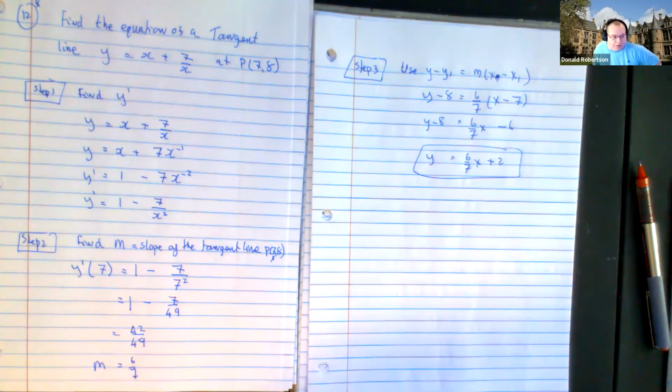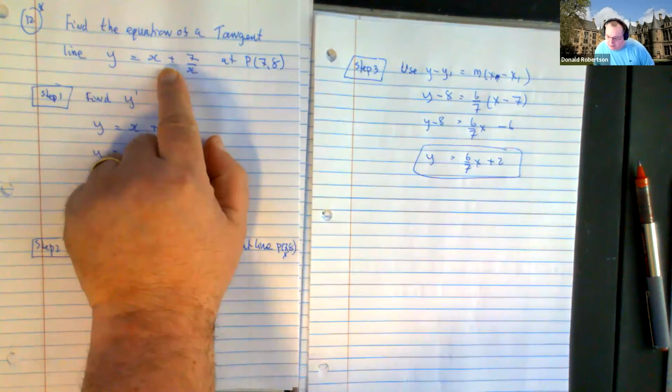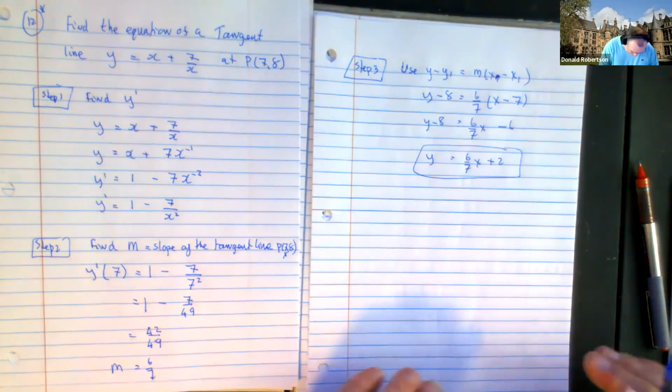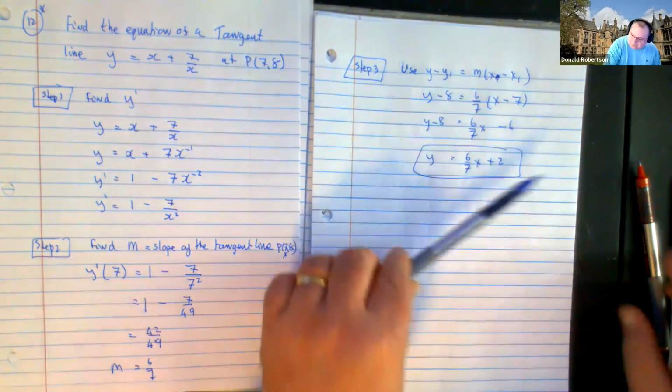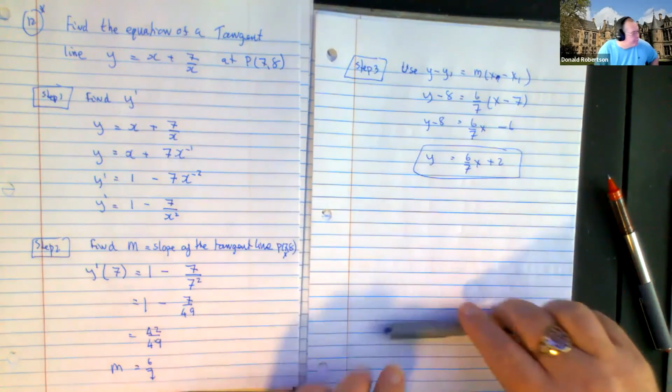In a lot of these questions, there's a second part which basically involves Desmos. And what you would do is you'd plug that in as y1, and you'd plug this guy in as your second equation. And if it works correctly, shouldn't you get a nice tangent line meeting a curve? And shouldn't it meet at 7,8?